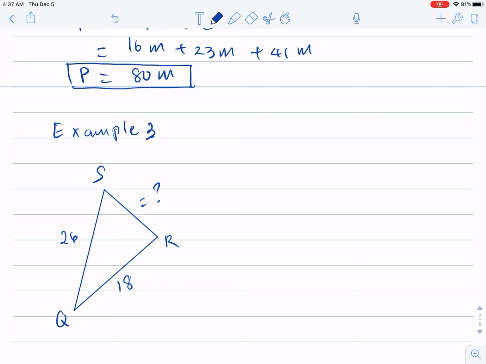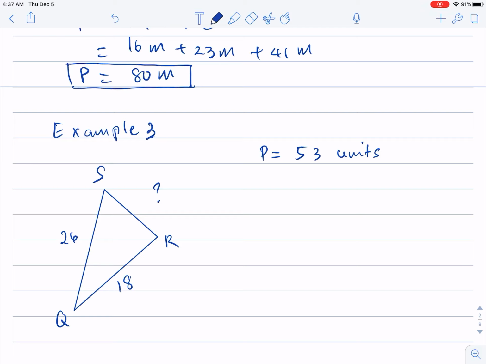What is this side, no? So, ang perimeter, for example, ay 53 units, for example, yung perimeter.